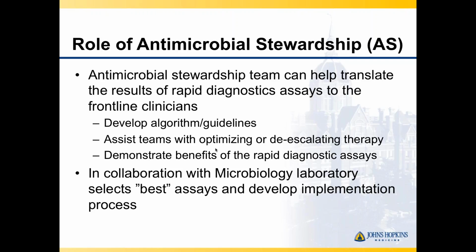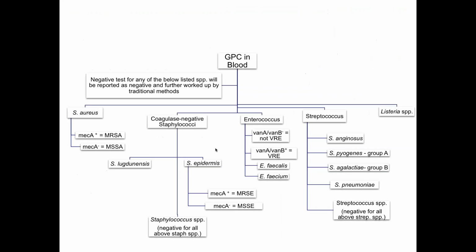And the same goes for Staph aureus. Perhaps you need to pick a test that focuses only on MRSA or MSSA or coag-negative staph, depending on what resources you have to do those interventions. And then we also help develop a process for implementation of those tests.